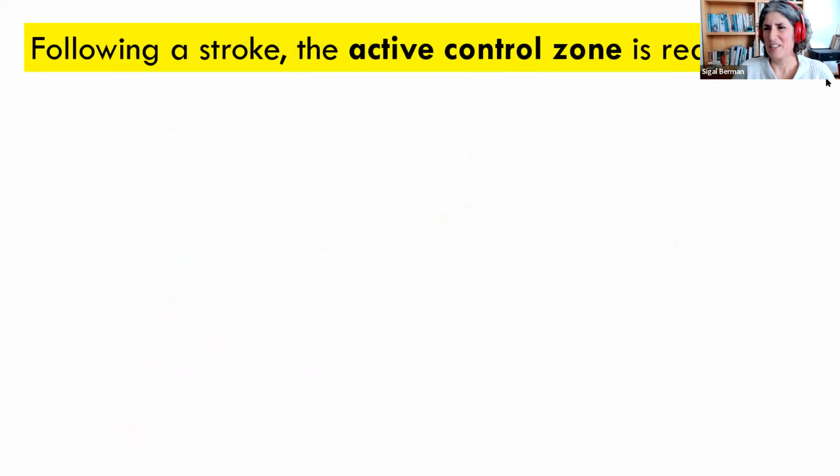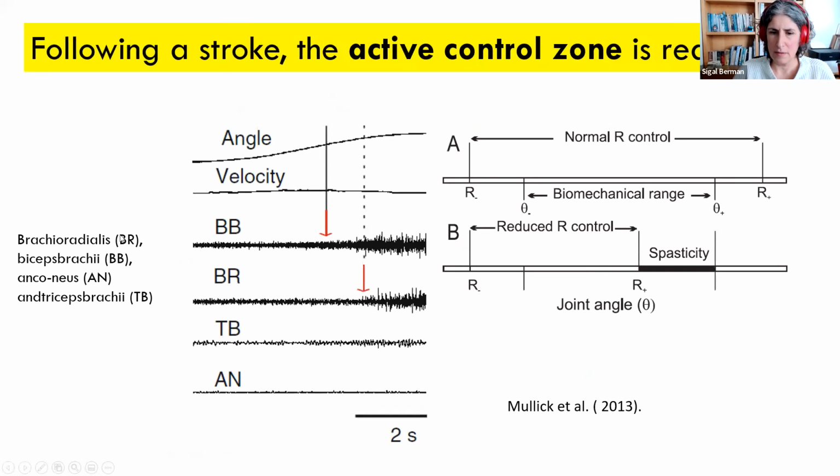But however, following stroke, the active control zone is reduced. These are some images from the work of Malik et al., showing a passive elbow extension, and we can see that at some angle the flexors start activating, and there's an angle for one flexor, and then a different angle for the second flexor depicted.